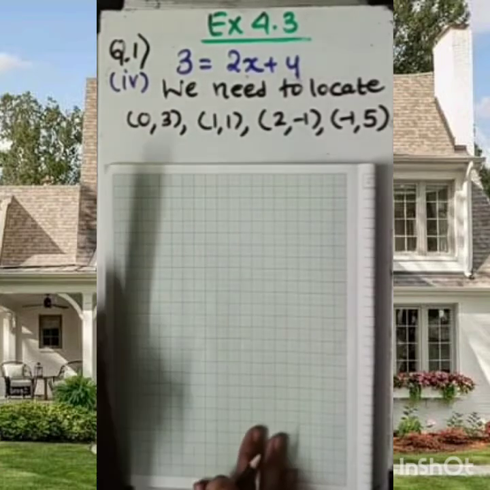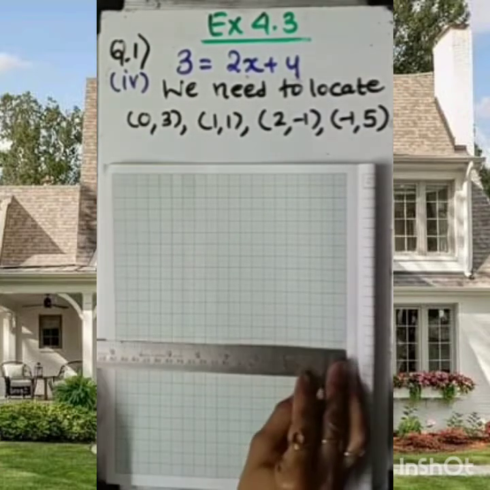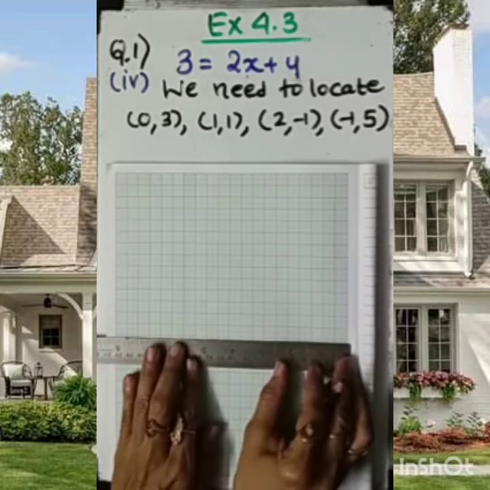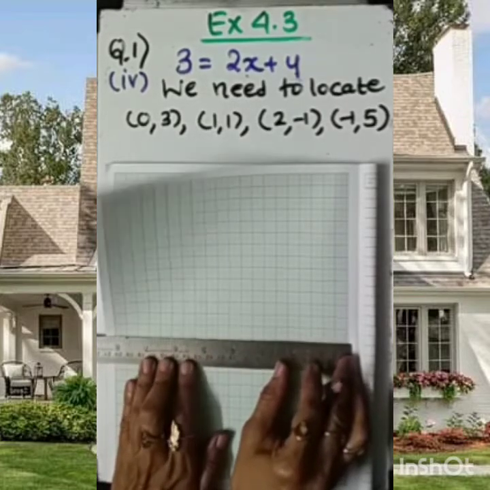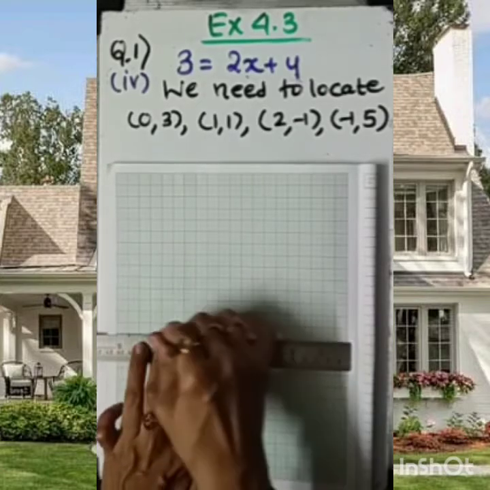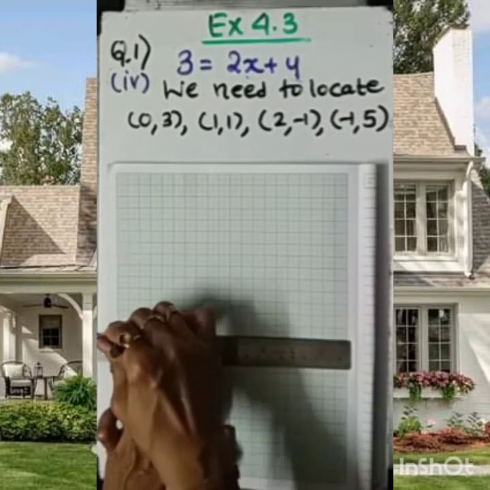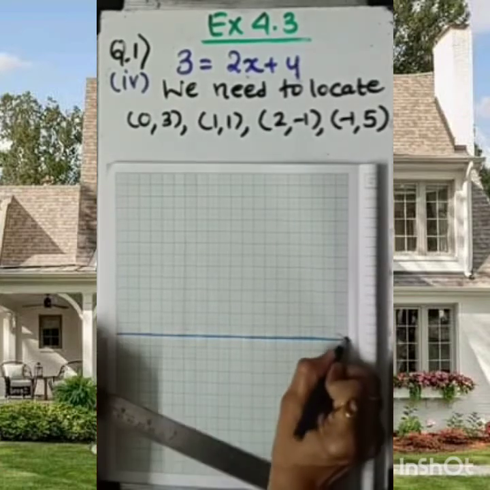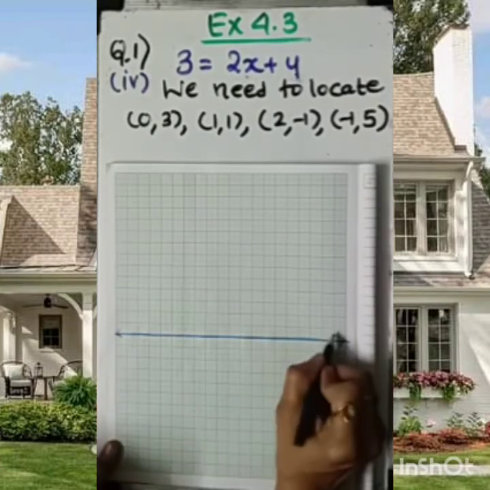So my dear student, here graph paper is ready with us. Now I am drawing first of all one horizontal line. You can see I am calling it the x axis. This horizontal line is the x axis.